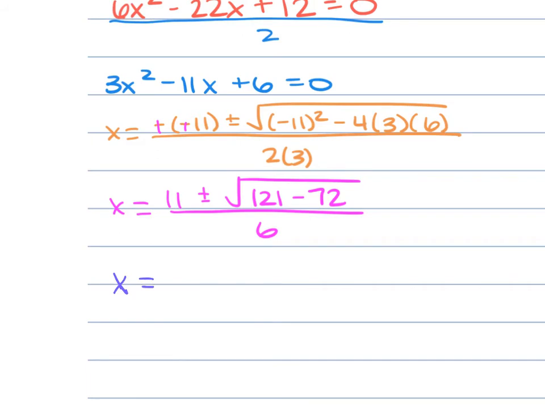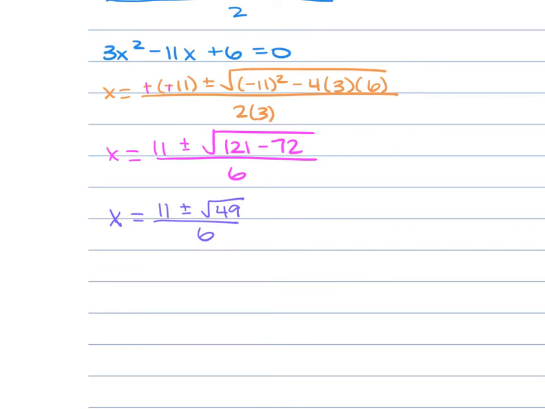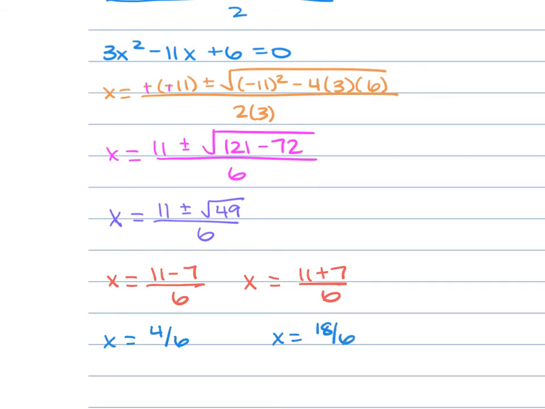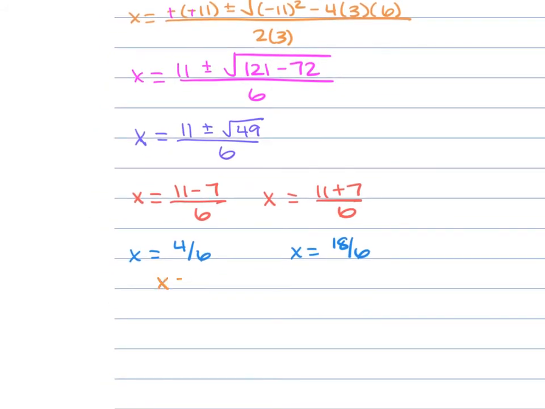So x is equal to 11 plus or minus the square root of 49 over 6. So x is equal to 11 minus 7 over 6, and x is equal to 11 plus 7 over 6. So we are going to have x is equal to 4 over 6, and x is equal to 18 over 6. So our answers are 2/3 and 3.